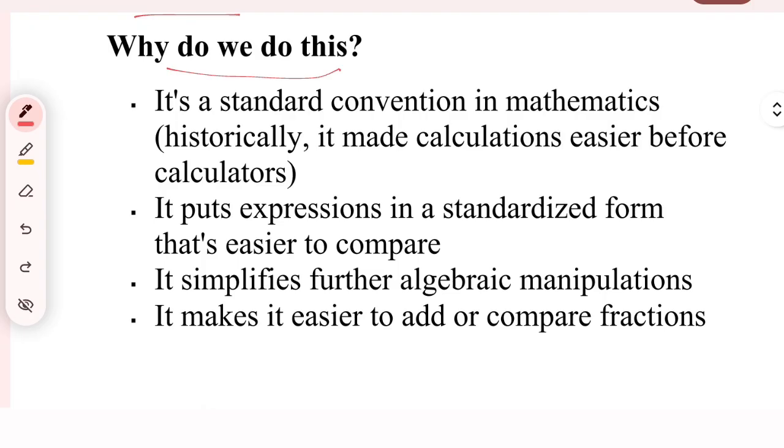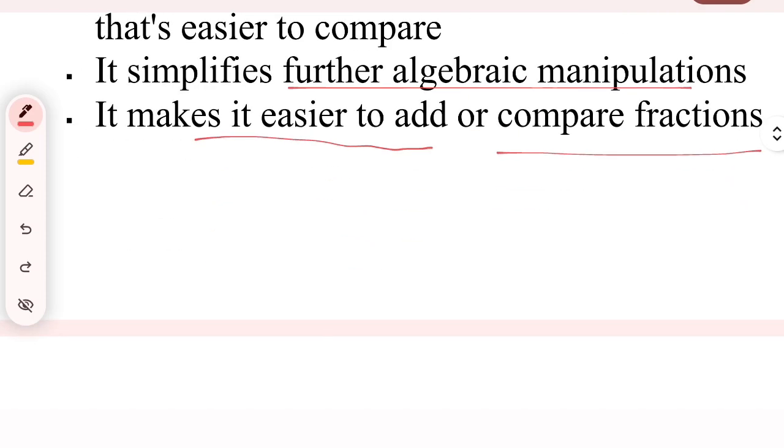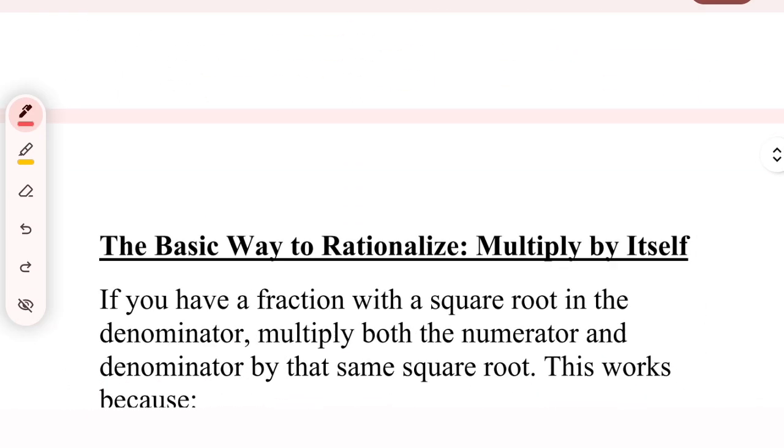It also simplifies further algebraic manipulations. It makes it easier to add or compare fractions. So that is the reason why we need to rationalize the denominator, so that it would be much easier for us to compare fractions. All right? So that is actually the reason.